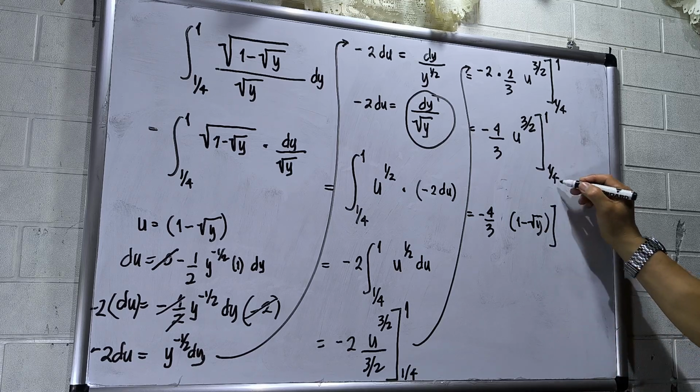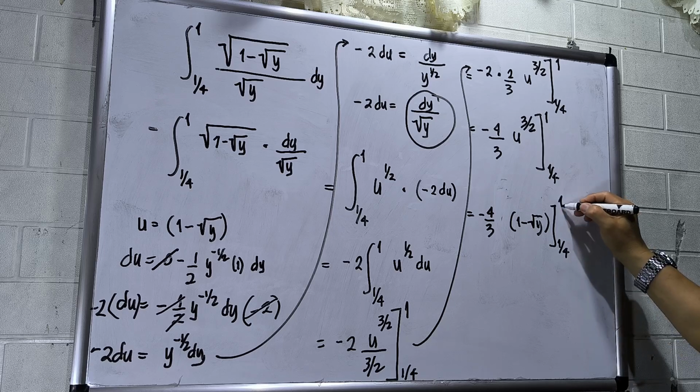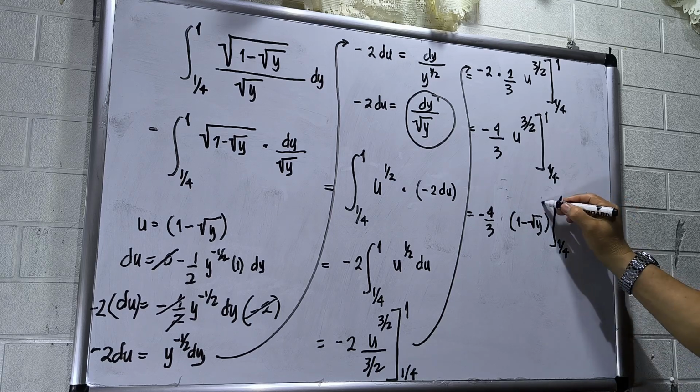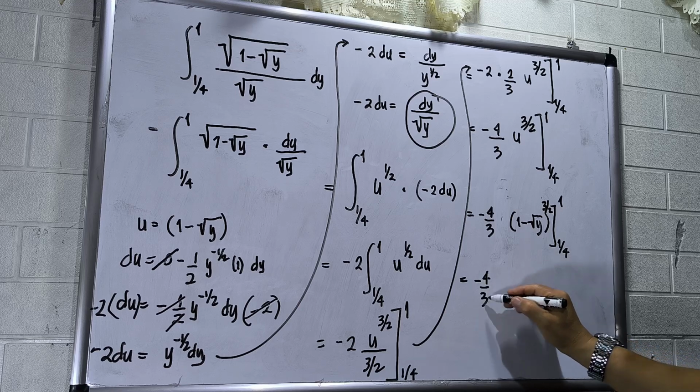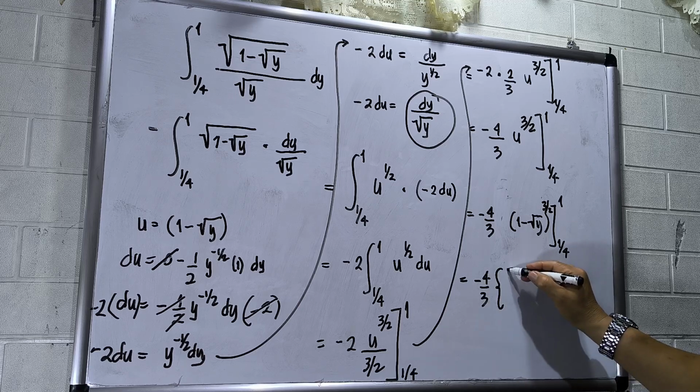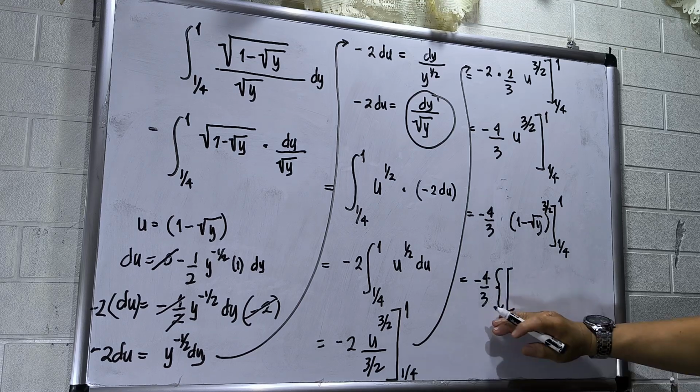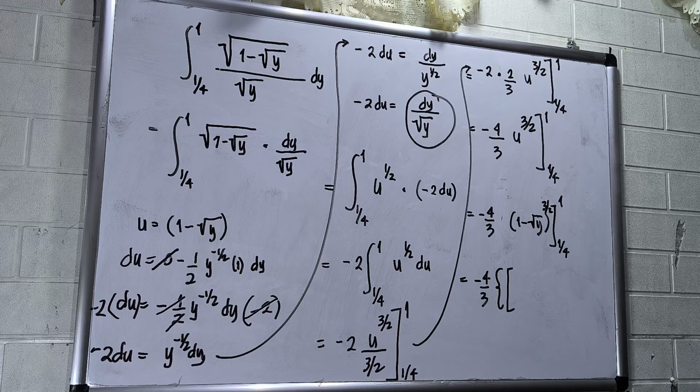So negative 4 over 3, I will use braces, then square brackets.